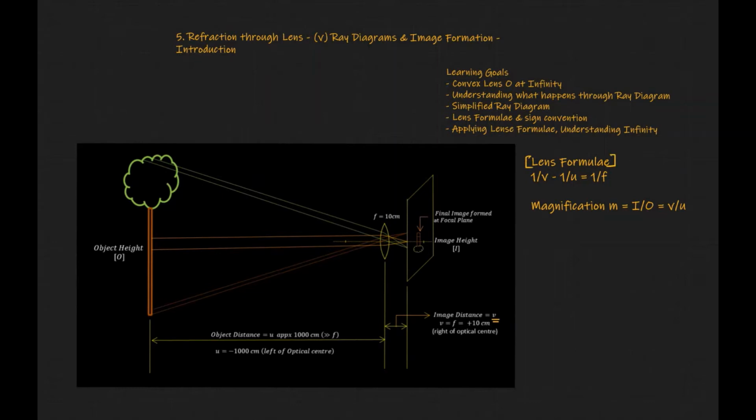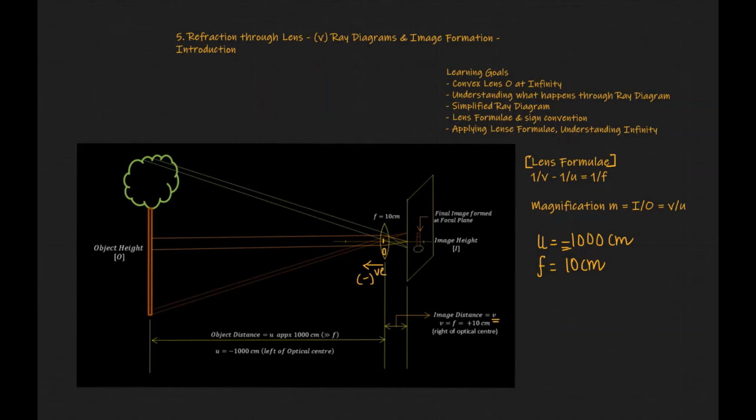So let's try to apply it and find where the image will be. So in this case, U was equal to minus 1000 centimeters and F was given as 10 centimeters. And the reason why we have minus here is because anything on the left of optical center is negative.